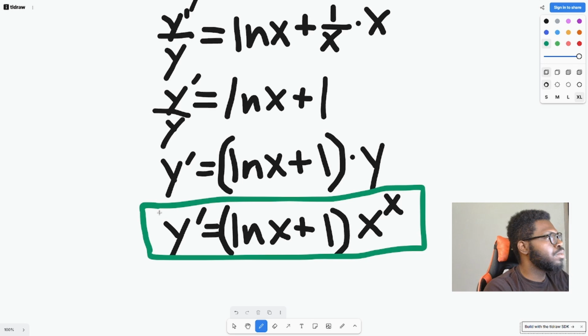This problem also shows how powerful implicit differentiation is, which is what we used on the left side when we took the derivative of ln y. Implicit differentiation is hard to understand for a lot of people, but just like with anything in math and in life, the more you practice it and get exposure to it, the better you get at it.